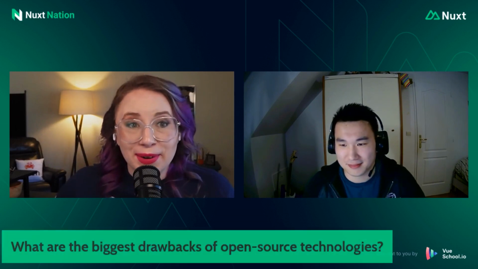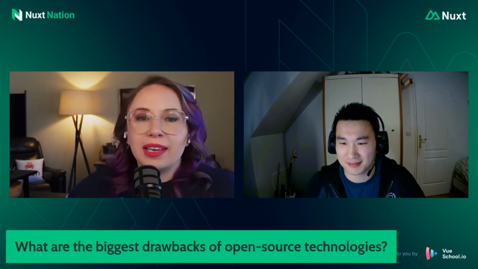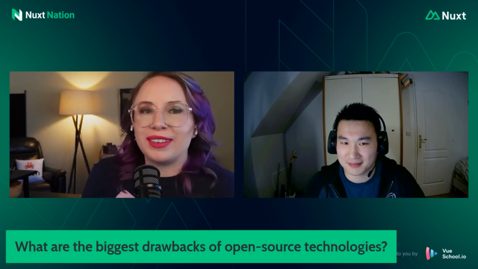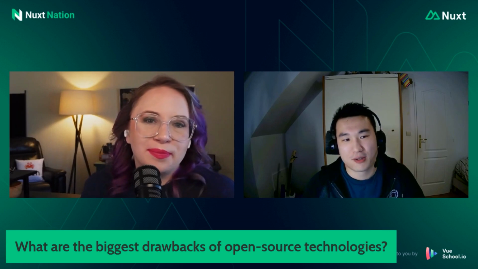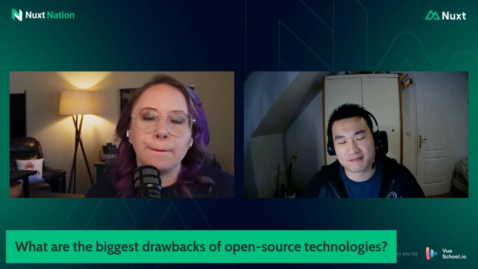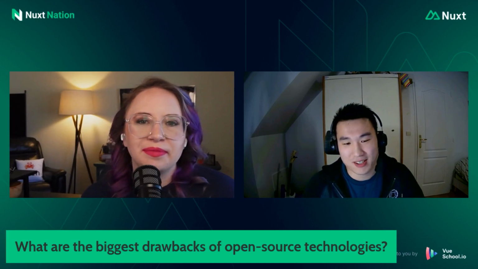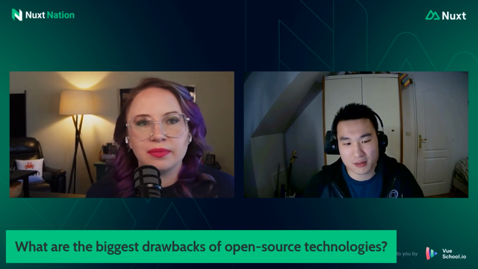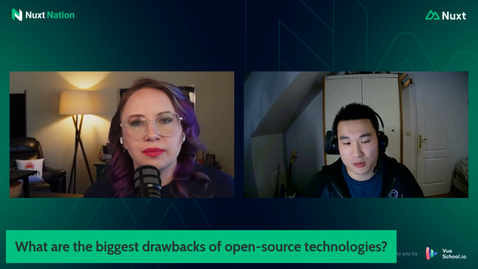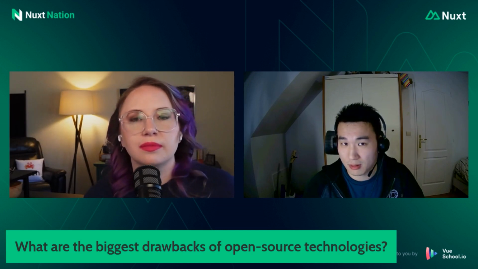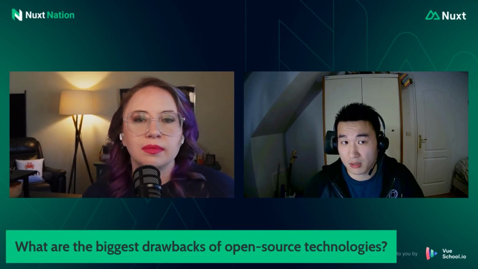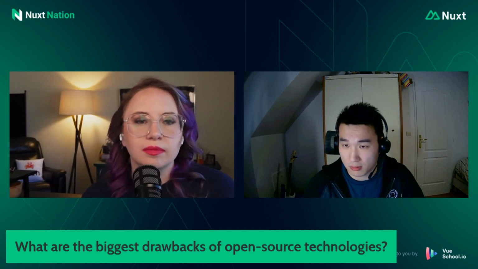Oh, that leads really well into the second question: what are the biggest drawbacks of open source tech? Well, because I'm working in a company, I would say one of the drawbacks would be that you depend on something that is not created by you.